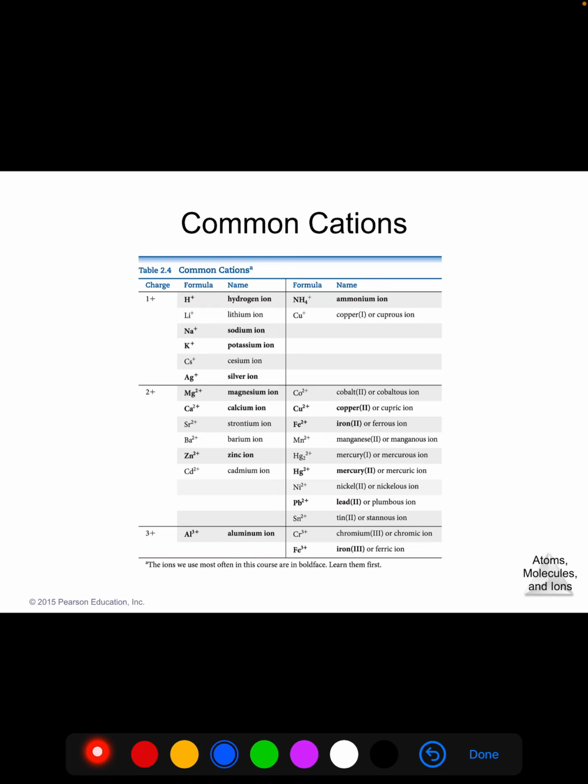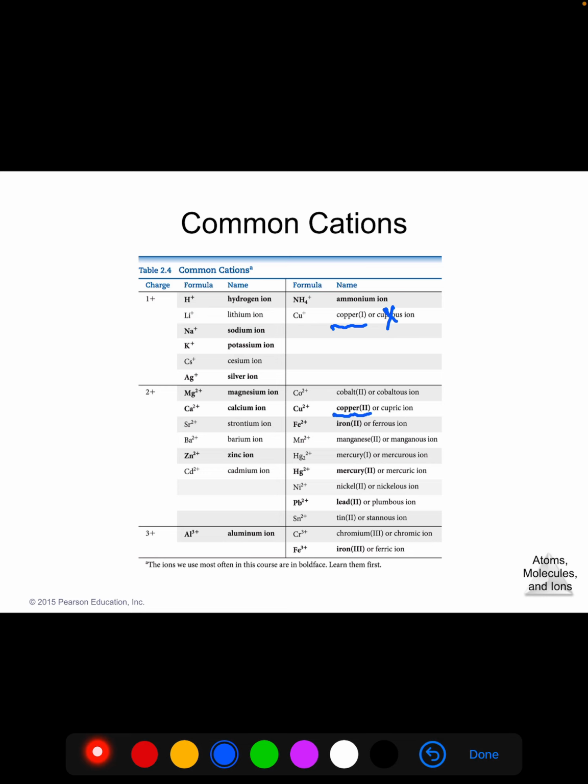Copper can also be +1. These transition metals have multiple charges. Some are consistent. I'll tell you what the consistent ones are. Now, we do not use the term cuprous. We call it copper 1. The Roman numeral 1 in parentheses denotes the fact that it has a +1 charge. Copper 2 has a +2 charge.